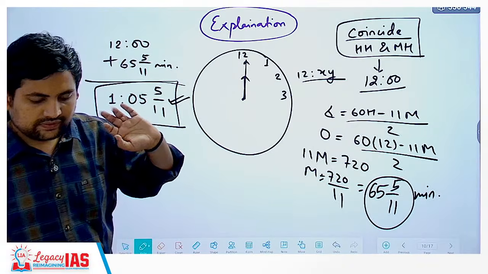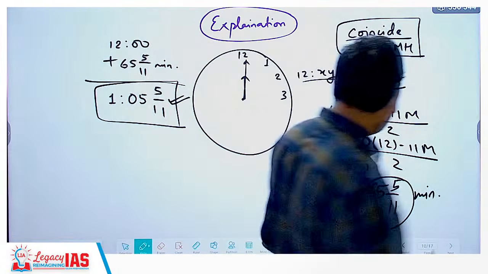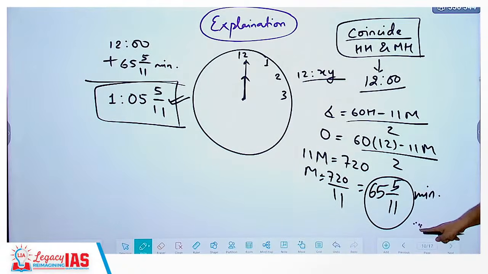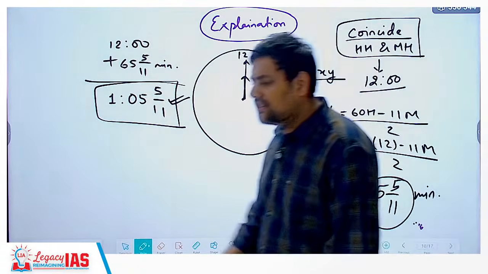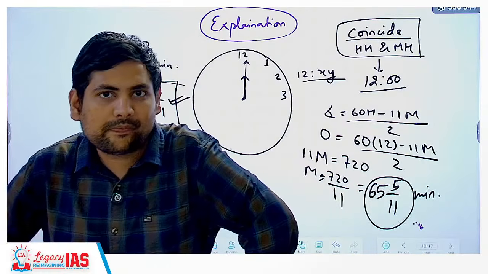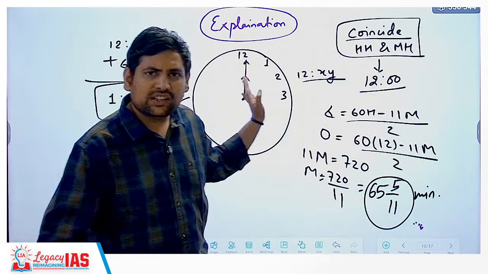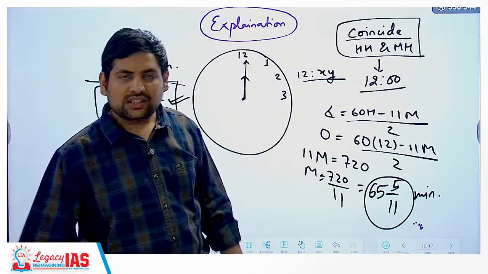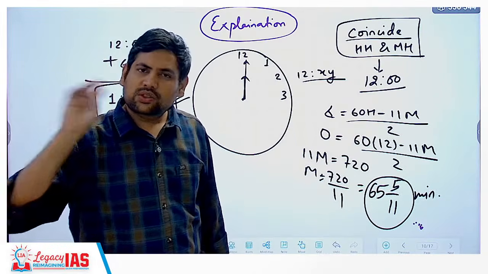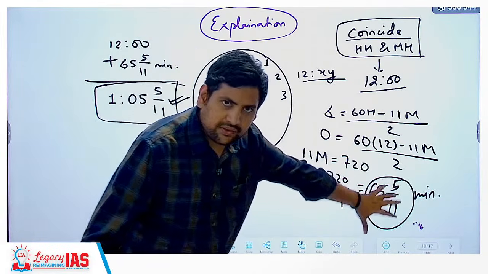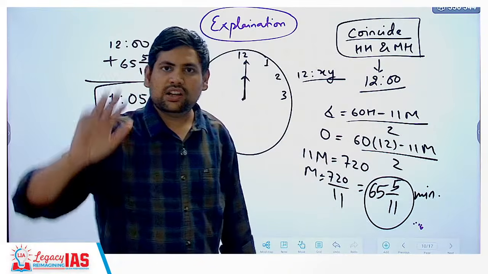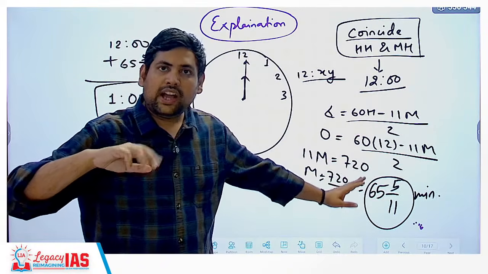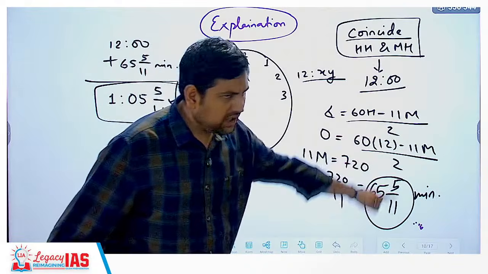This you understand? Correct? So that means the difference of 65 and 5 by 11 becomes very important. Why do you think so? See, ultimately all these hands are moving at a uniform speed. So whatever is the difference here, that is 65 and 5 by 11, after that they will coincide again.